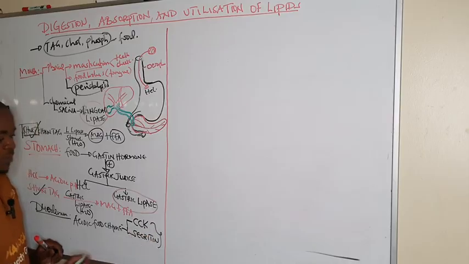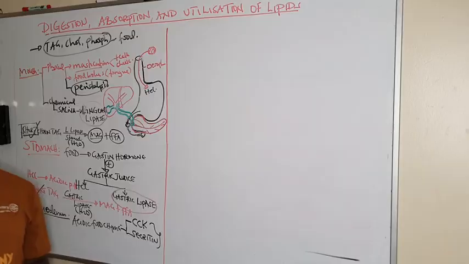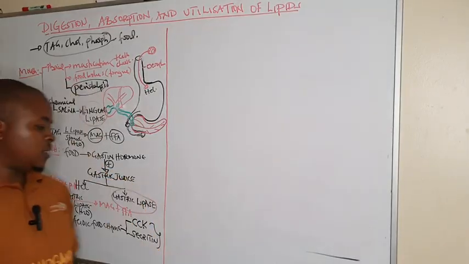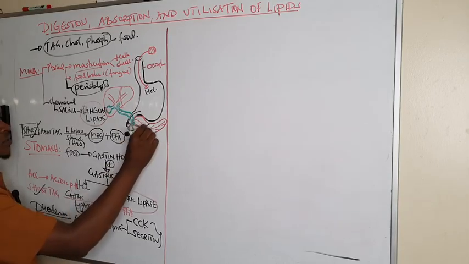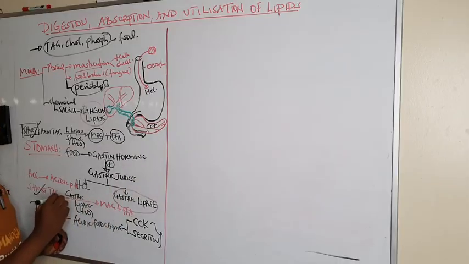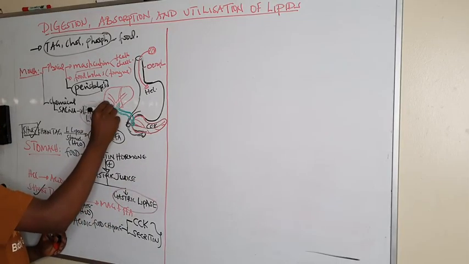These are the hormones produced, cholecystokinin and secretin hormone. Once produced, the CCK and secretin move to the pancreas and the gallbladder.